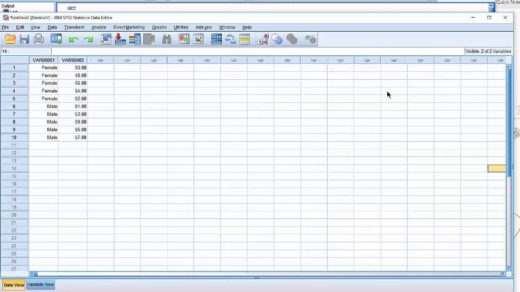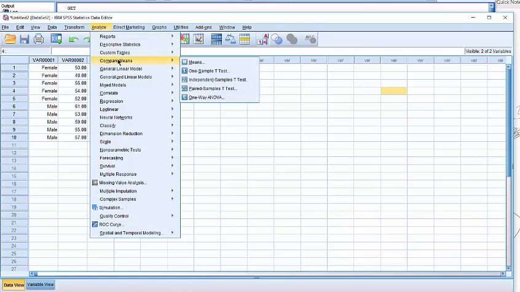Now let's take the example that we just did by hand, and that is that there were 5 females with wages of $50,000, $48,000, $56,000, $54,000, $52,000, and there were 5 males with incomes of $61,000, $53,000, $59,000, $55,000, and $57,000. So as you can see here, we have a data file that was created with those incomes. I put in females as 1s, males as 2s, and now we will go to analyze.